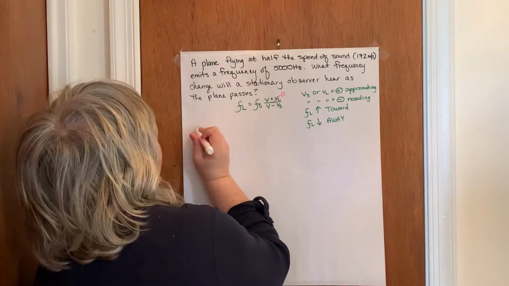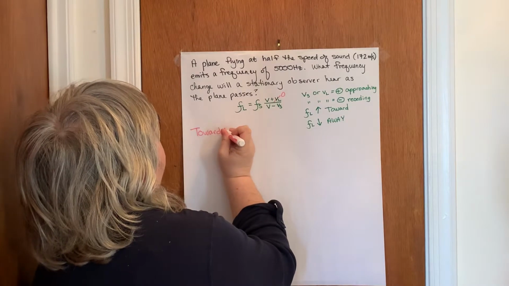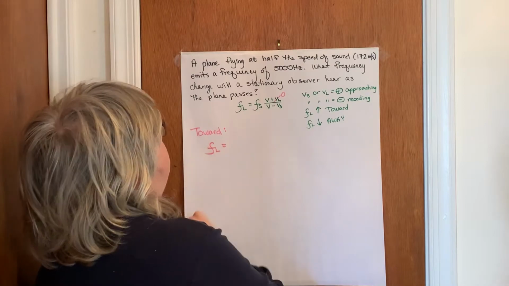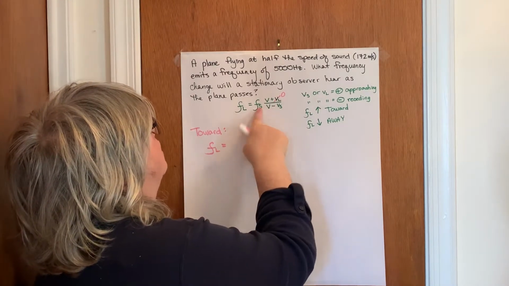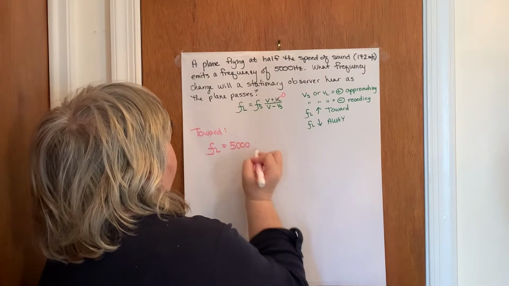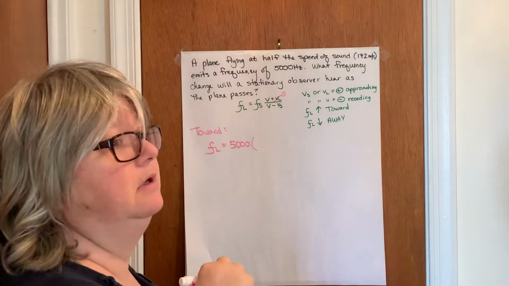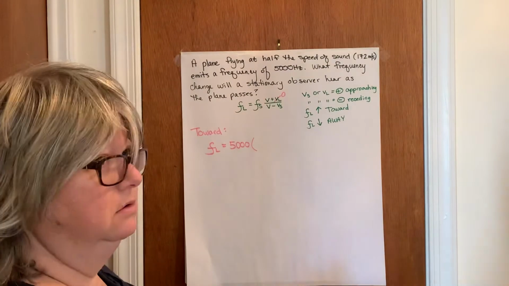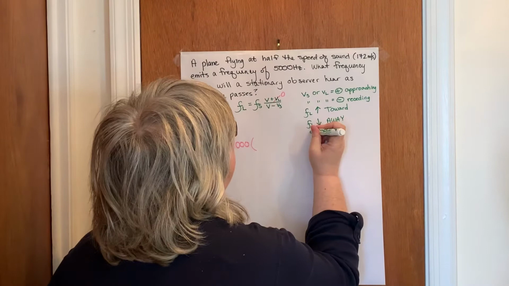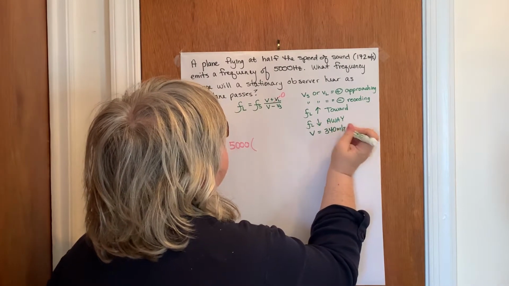For my approach, the frequency that I observe is equal to my source, which is 5,000, times the velocity of sound. If you are not told, and we're not told in this case, we can take the velocity of sound to be 340 meters per second.